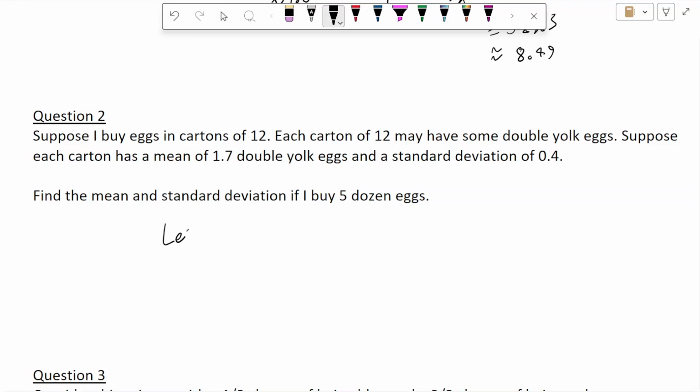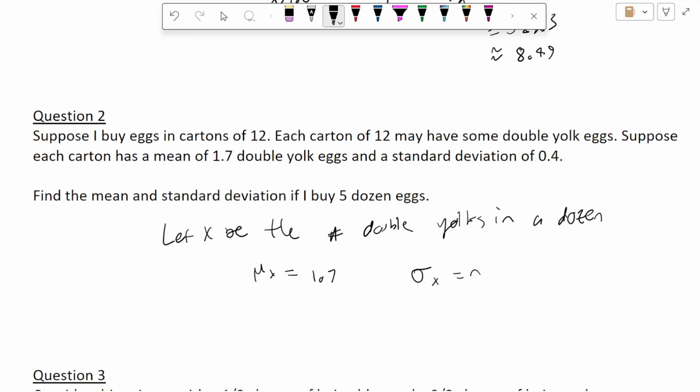So let x be the number of double yolks in a dozen. So we've seen that the mean of x is 1.7, and the standard deviation of x is 0.4.